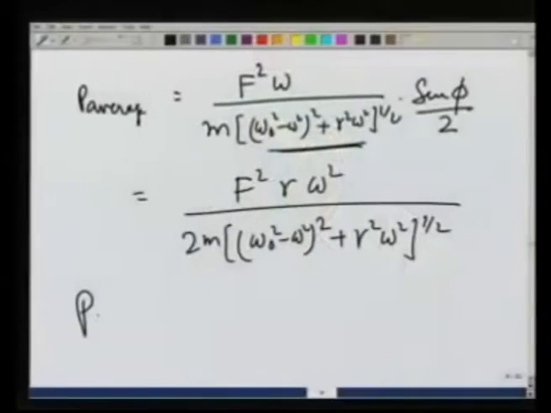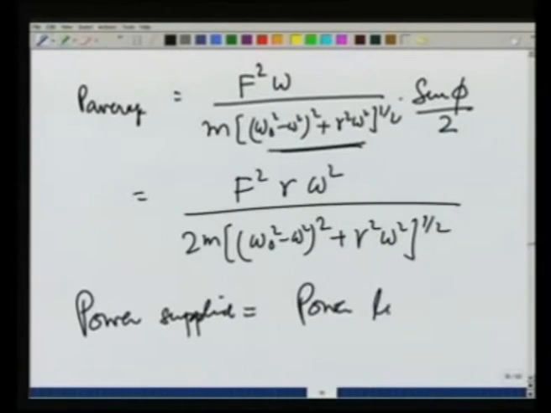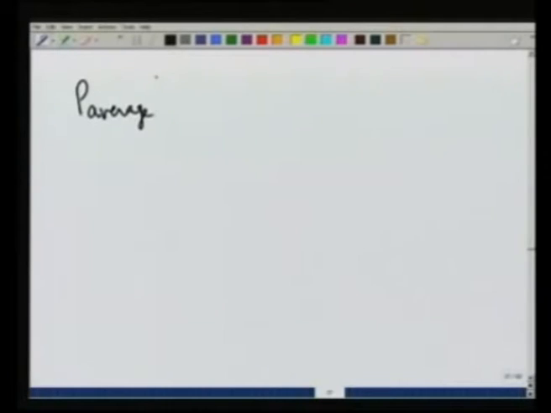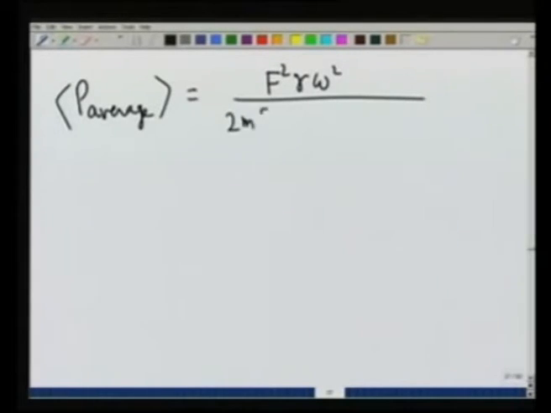So, power supplied is equal to power lost, as must be the case for the steady state motion to sustain itself. So, we find that P average, supplied or lost, is equal to f square gamma omega square over 2m times omega naught square minus omega square plus gamma square omega square.